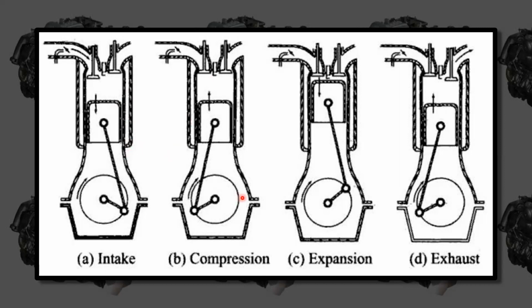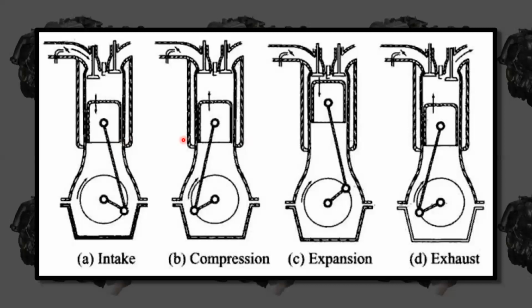When it reaches bottom dead center, then the compression stroke is going to start. In the compression stroke, the piston at the start is at the bottom dead center, and when the piston reaches top dead center, that is the end of compression stroke. First, from top dead center to bottom dead center, that is the intake stroke.